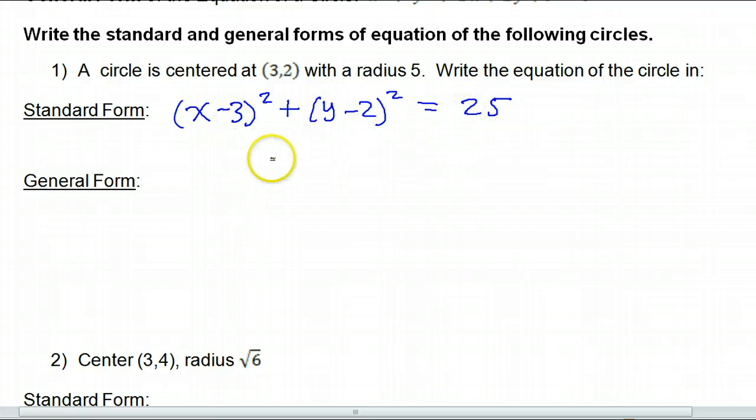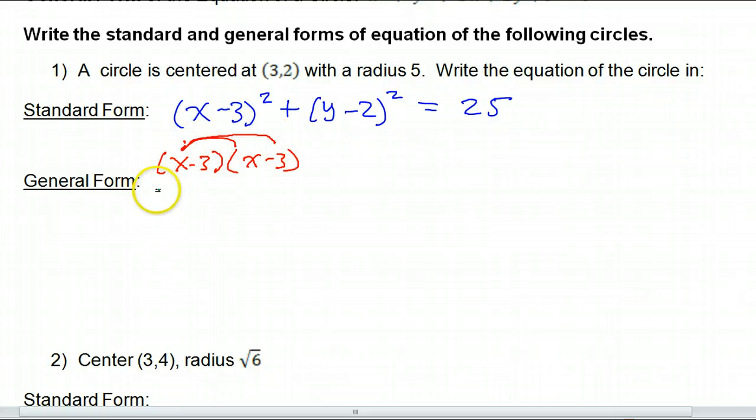Okay? Now, writing the general form. For general form, you just have to multiply all this out. So I think I'll do it in 2 separate pieces. So looking at the x minus 3, understand that if I wanted to multiply this out, I would have to do x minus 3 times x minus 3, remember? So I would have to double distribute is how I think of it.